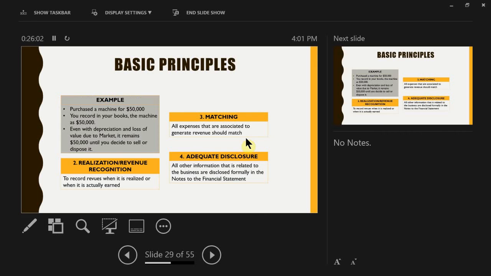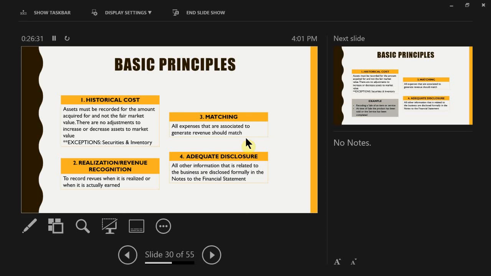So in this case, an example of utilizing this historical cost is if we were to purchase a machine for $50,000, okay? That means in your books, it's going to hold its value at $50,000 until the day you decide to sell it. Okay? Or get rid of it. All right?